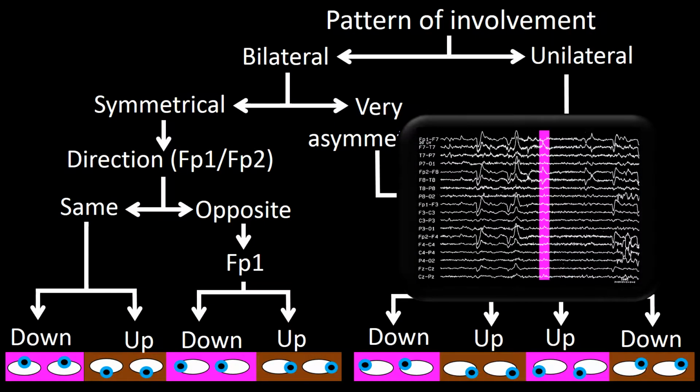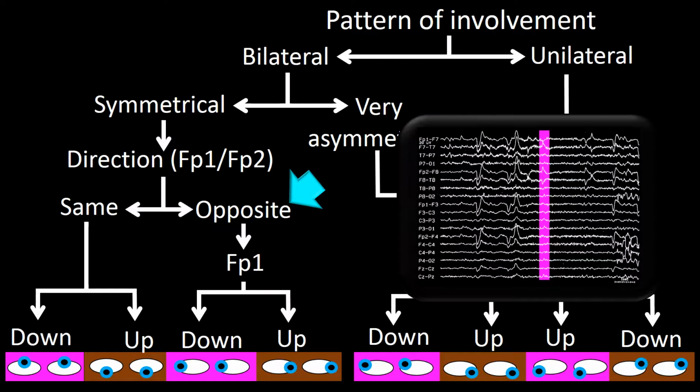Going back to the eye movement flow chart, you can see that the movements were bilateral, as indicated by the arrow. They were symmetrical. They were towards the opposite side.